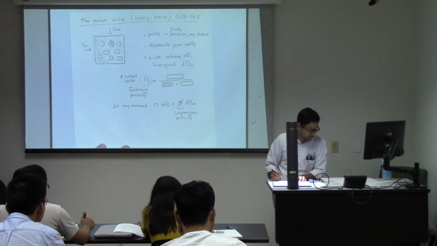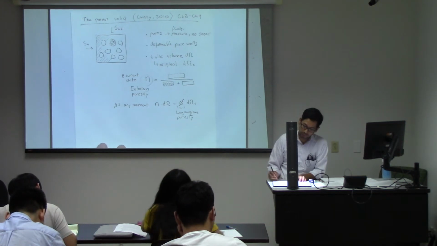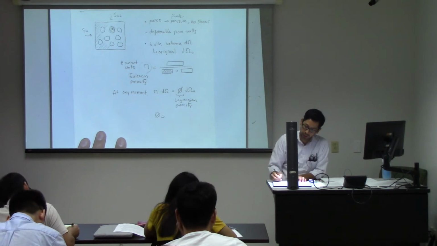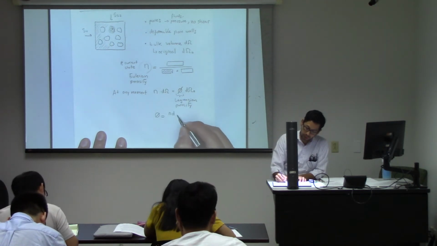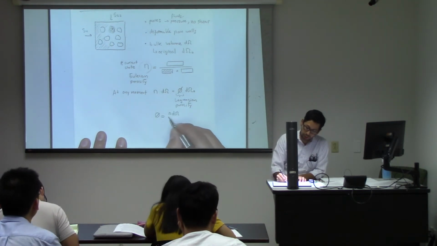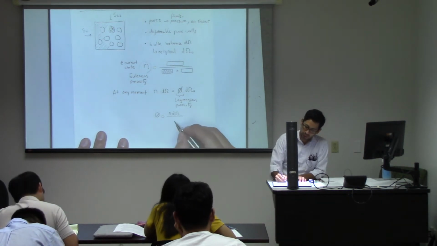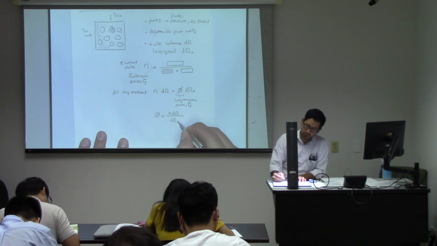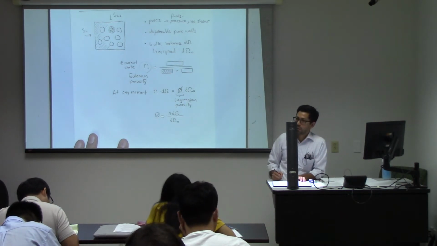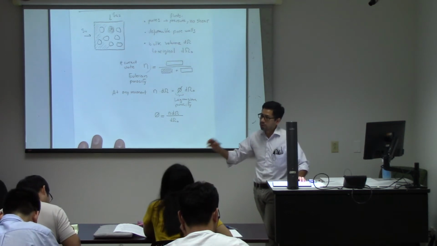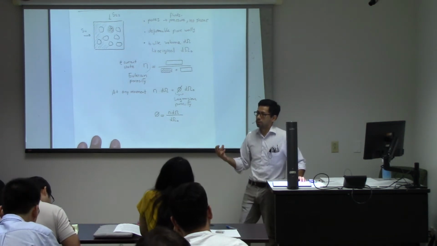And that Lagrangian porosity, if we just work out this equation, is going to be the pore volume at any time t divided by the original bulk volume. So you see, it's not a regular porosity, it's a porosity that depends on the original volume.